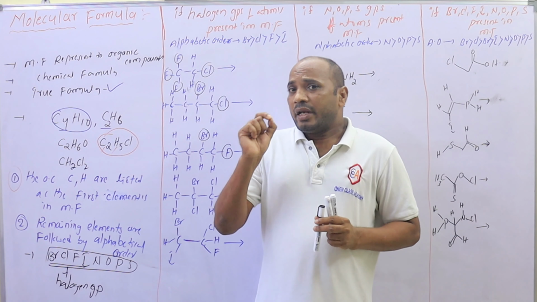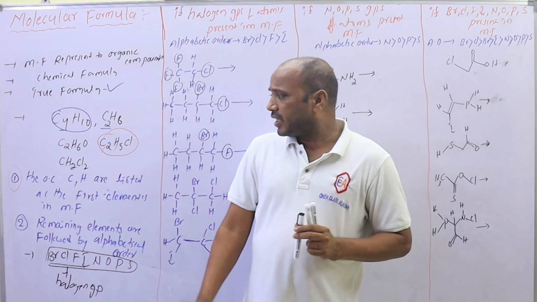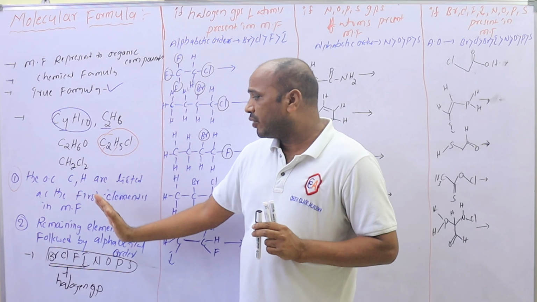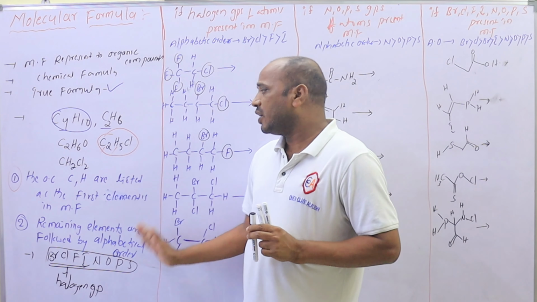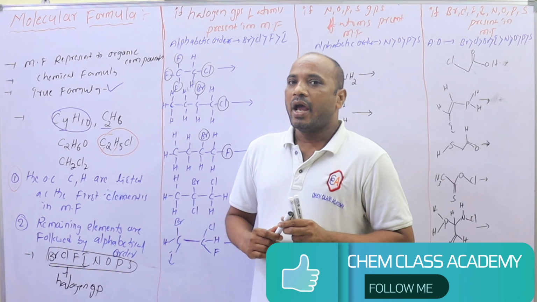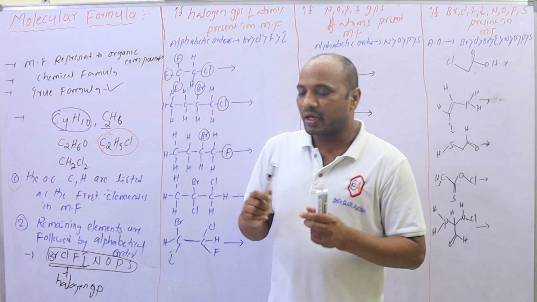So the main key points of the molecular formula: first, in organic compounds, carbon and hydrogen are listed as the first elements in the molecular formula. It is fixed. And the second key point is that the remaining elements follow in alphabetical order.